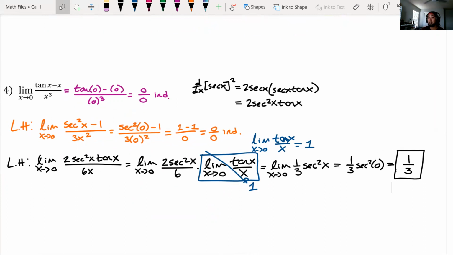Which brings me back to the first step. If you guys remembered your trig identities from pre-cal, we would have been done a long time ago. Anybody remember what secant squared minus 1 is?